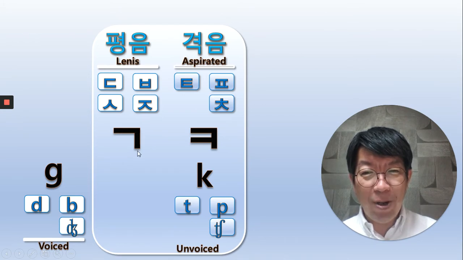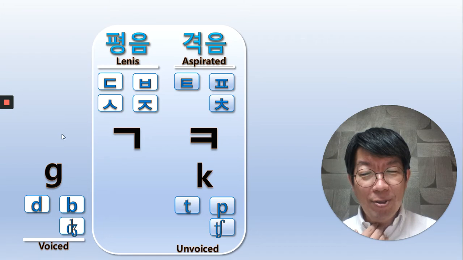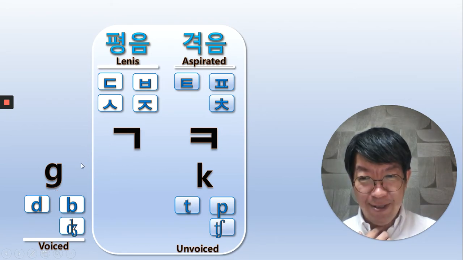Because g is quite a weak consonant, even though it is unvoiced, when we pronounce the vowel, we need our vocal cords, so this g sounds like a voiced consonant.